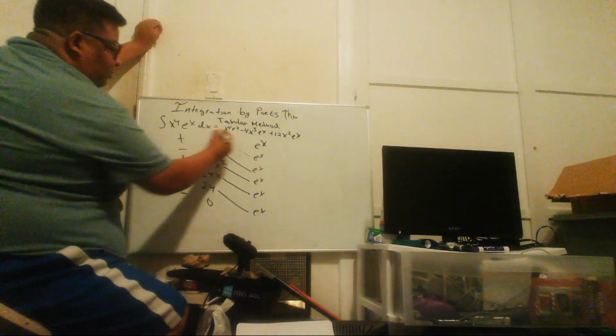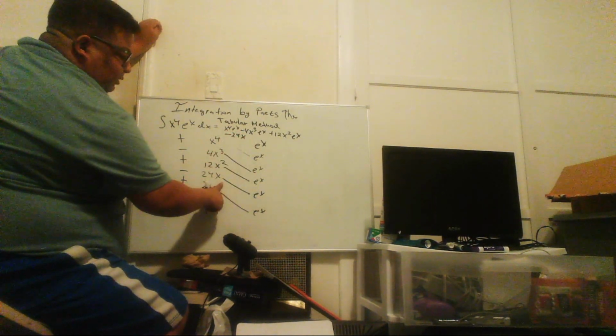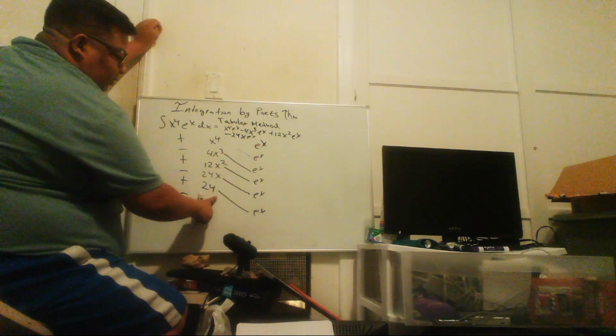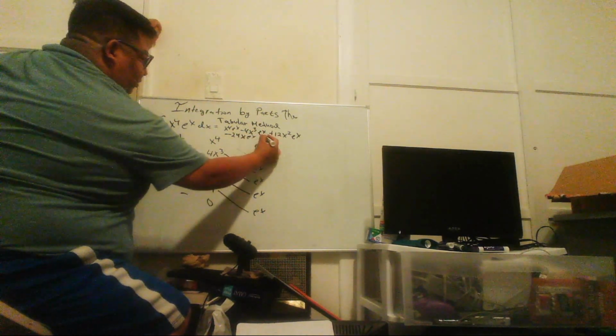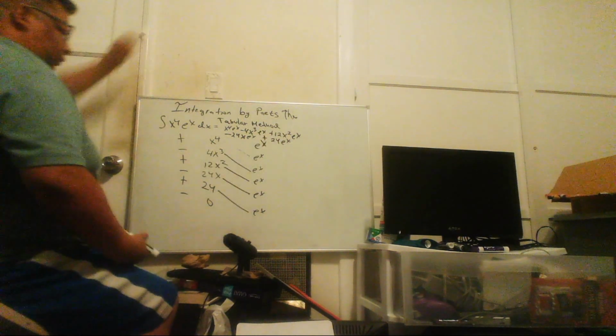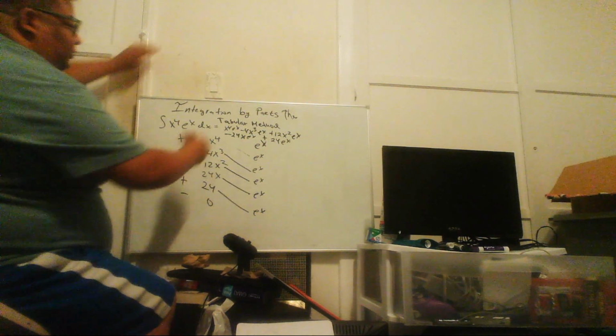Now we do minus 24x times e to the x. Now we do 24 times e to the x, and that will be positive, plus 24 e to the x, and that will be the final answer.